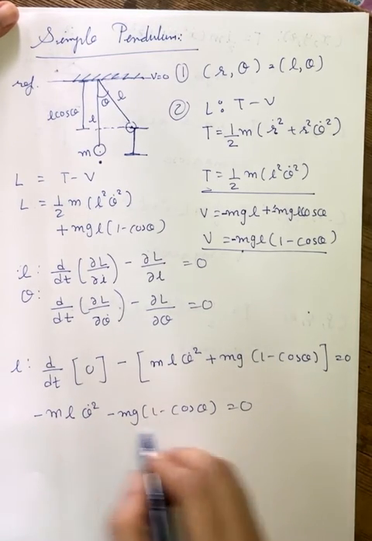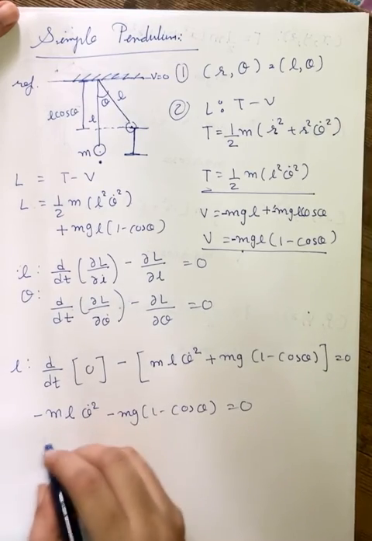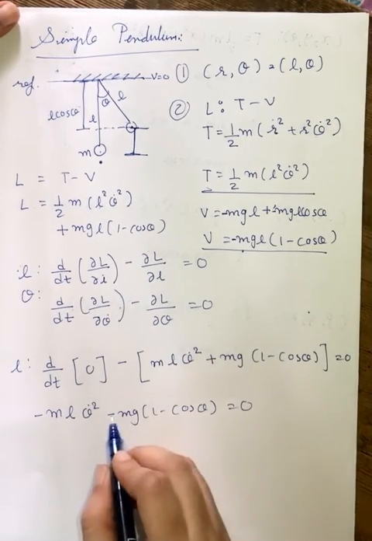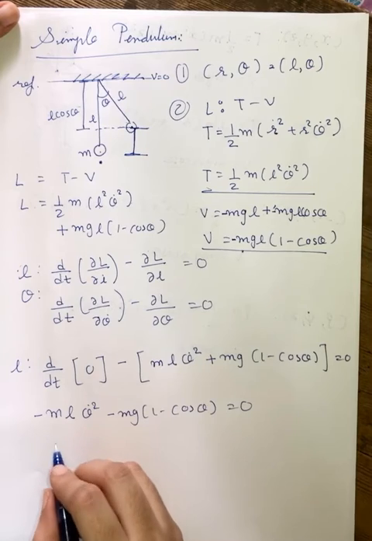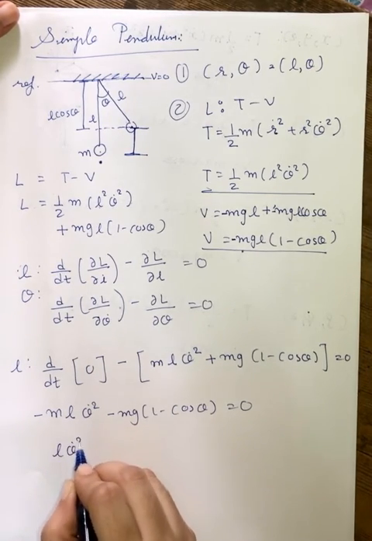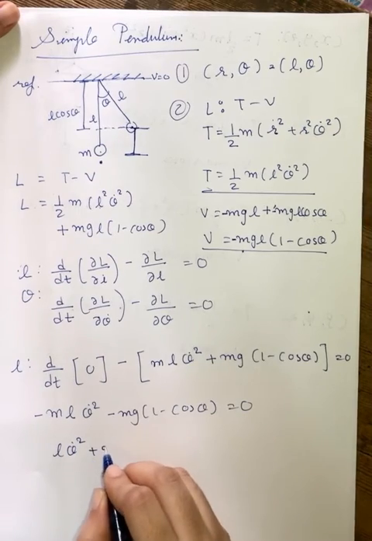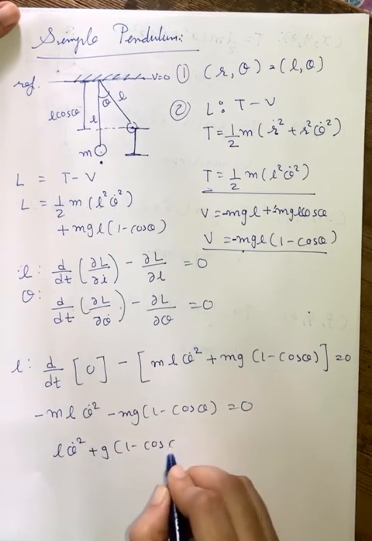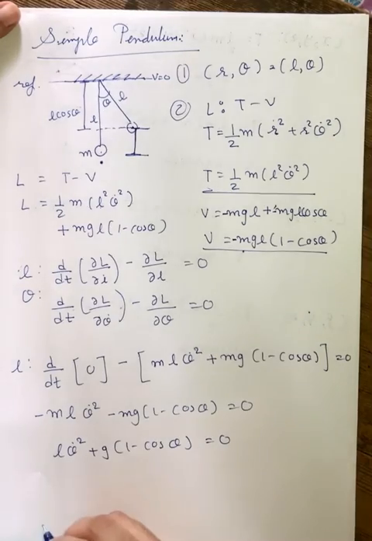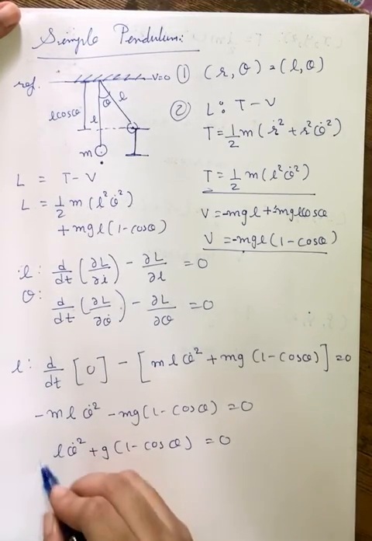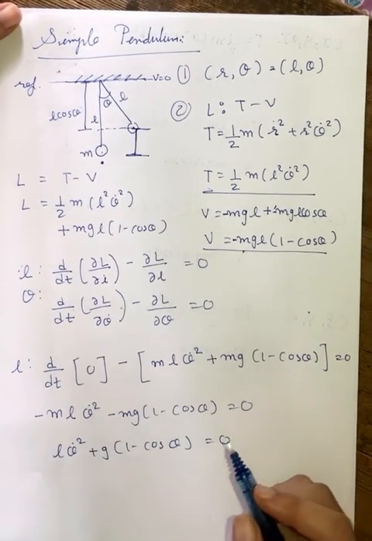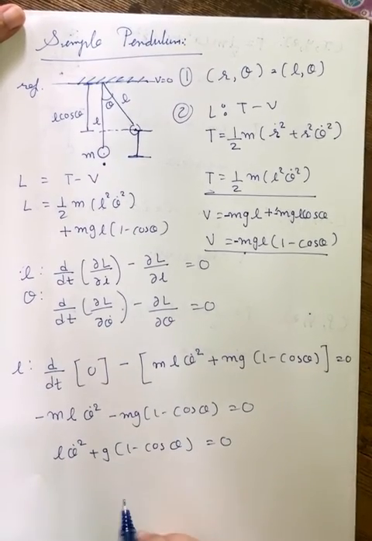We take m common and the negative sign will also go away. So I have L theta dot square plus g (1 minus cos theta) equals 0. That is it. I can't do any more simplification.